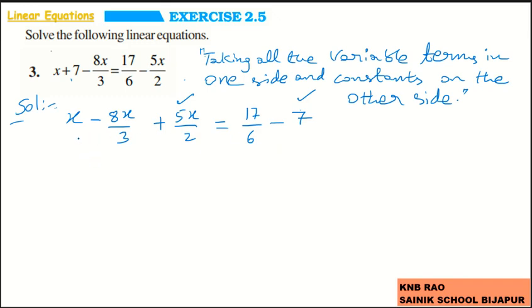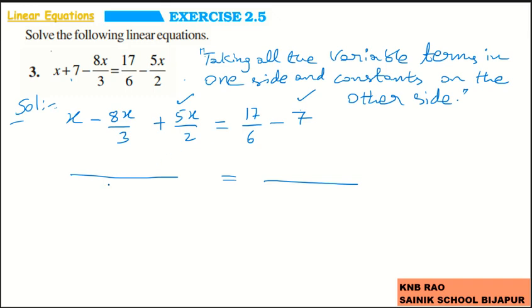See children, it is your convenience whether you take the LCM in the left hand side and LCM in the right hand side separately and proceed, or you take the LCM of all the denominators and multiply on both sides with that LCM. The choice is yours.